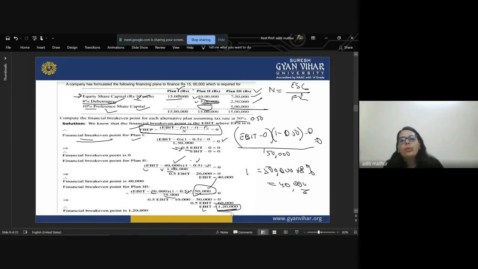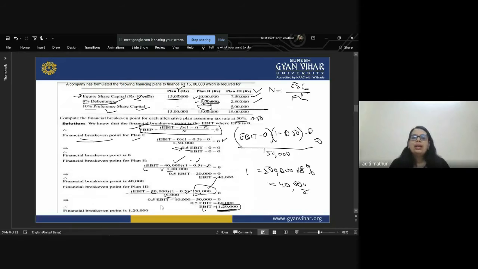So it is the point at which, if your company is earning less, your EPS might go negative, and if your company is earning more, it is going to earn a good amount of money, and your equity shareholders will also earn some dividend.